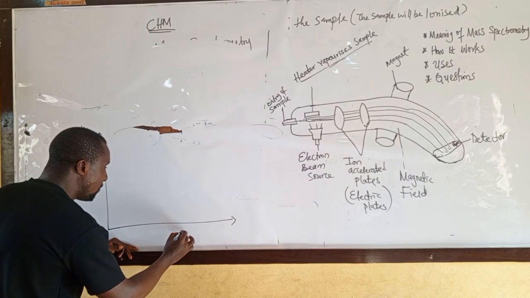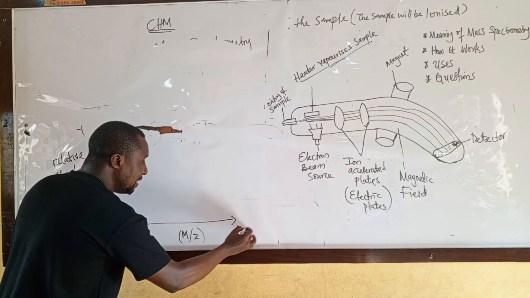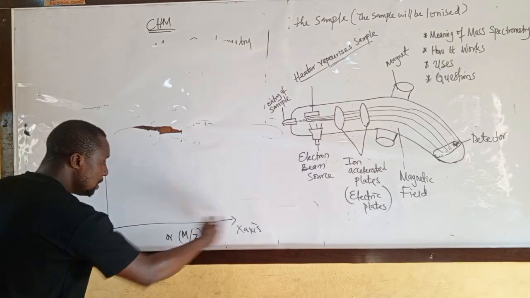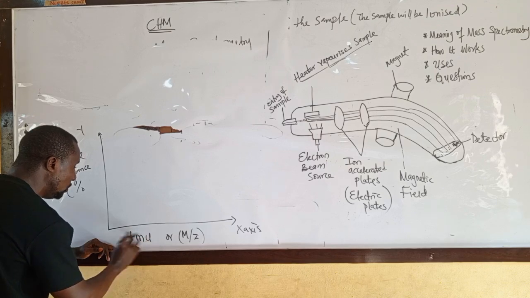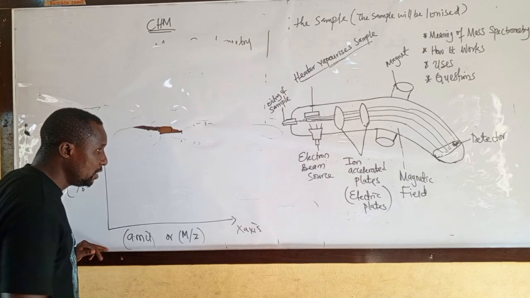Then at this point we have the mass to charge ratio on the x-axis. Take note, they can ask you, or it will be given as atomic mass unit, AMU, here. This is the graph.